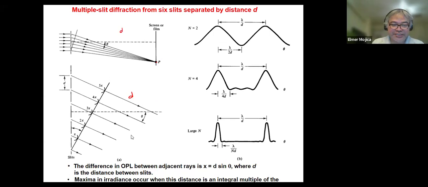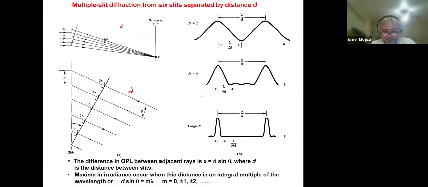So for large n, each principal maximum has the same shape as that of the single slit. So what is the result coming from this? Maybe like this one, depending on the distance. But if you have large n, this is what you have.